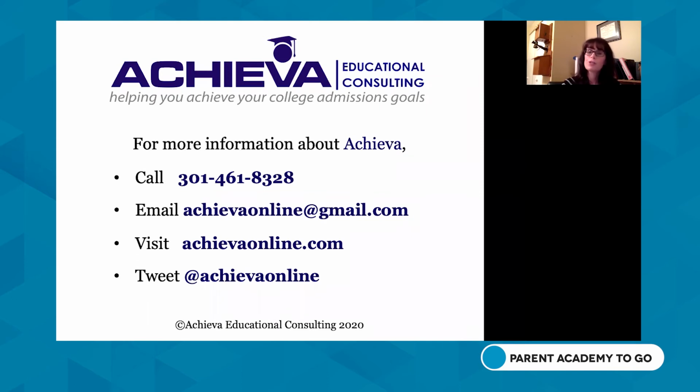I do refer to the CSS profile as a financial colonoscopy because you really will need all of that material with you. It is an excruciatingly detailed form. The FAFSA has around 100 questions. It is very straightforward. If you file your federal taxes electronically, you can use the IRS application.